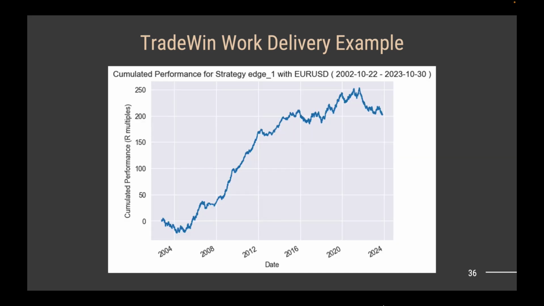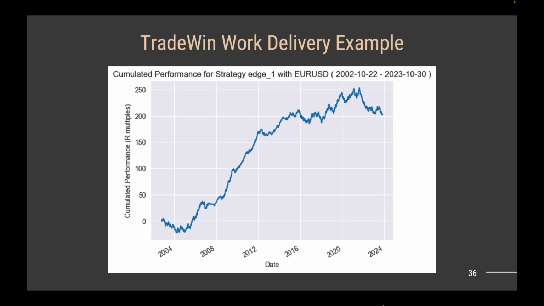So here is an example of a performance for a strategy that I called Edge 1 in the statement of work that was backtested on Euro USD. And here is the cumulative performance. When anyone sees this curve, we can notice that the y-axis is about R multiples, R being the risk you take per trade.